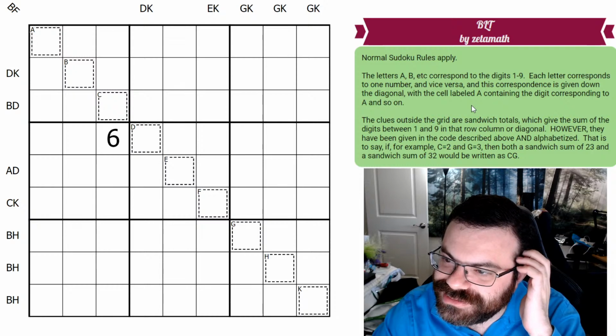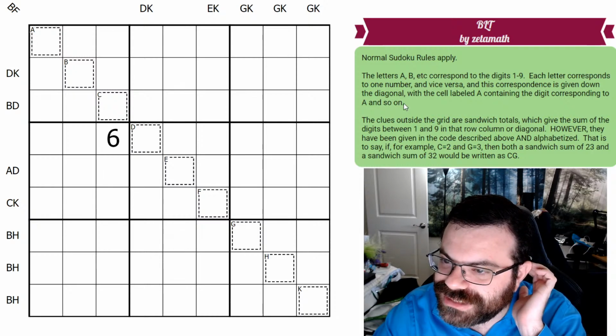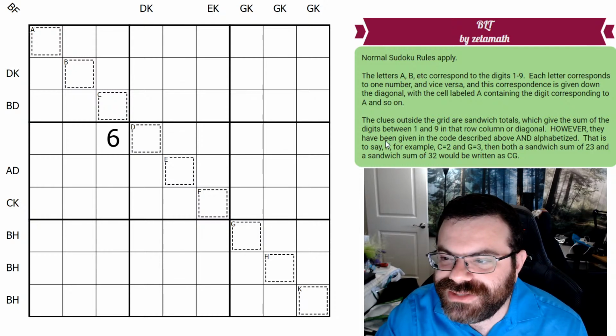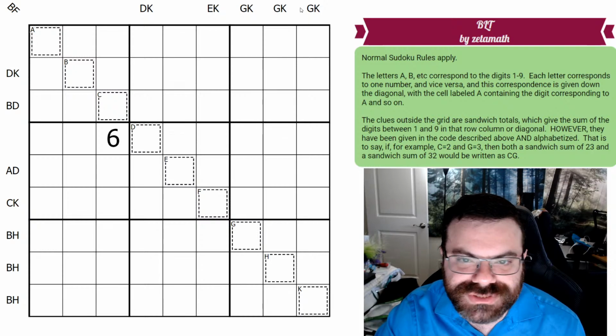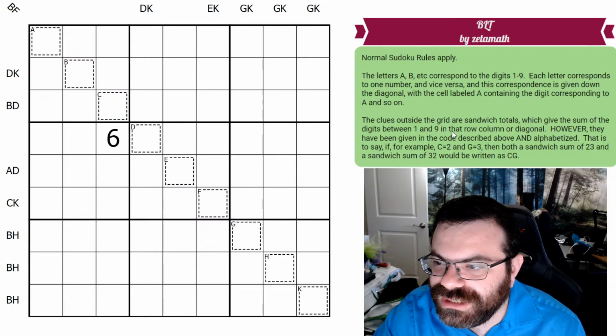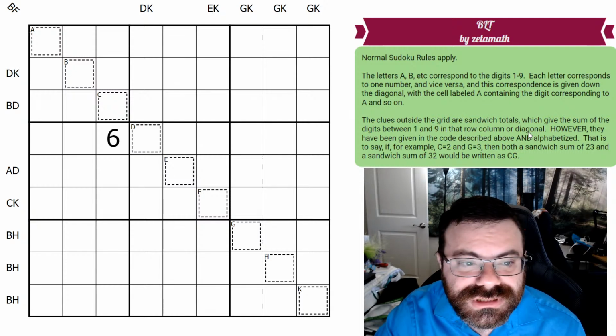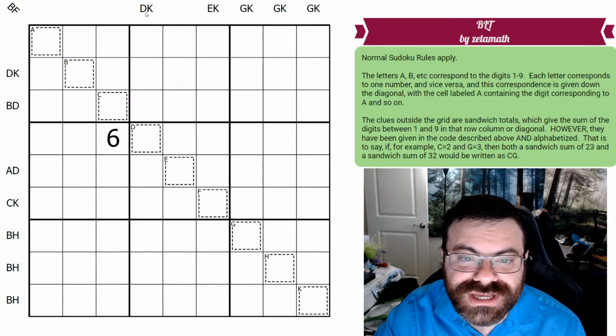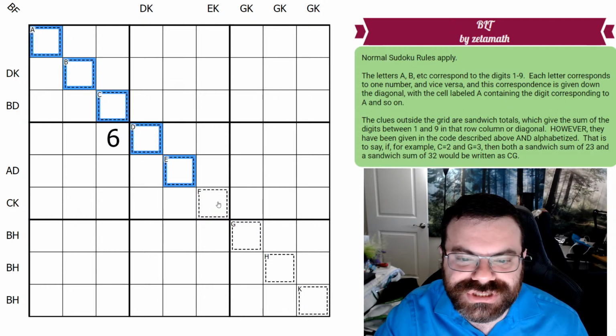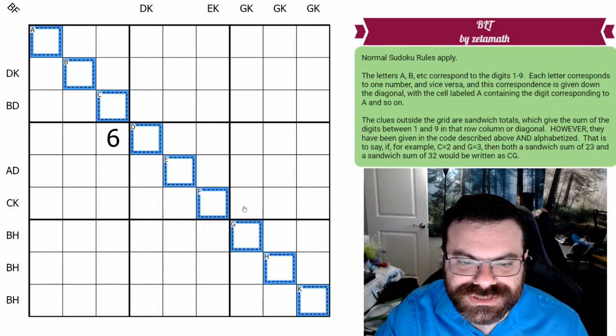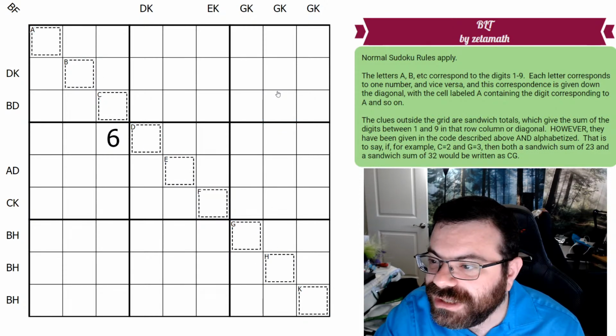Correspondence is given down the diagonal with the label A containing the digit corresponding to A, and so on. The clues outside the grid are sandwich totals, which give the sum of the digits between 1 and 9 in that row, column, or diagonal. So we've got an additional diagonal sandwich clue down this diagonal here.